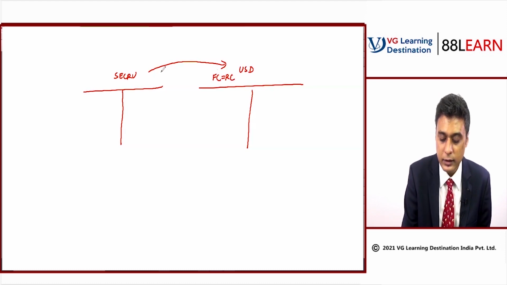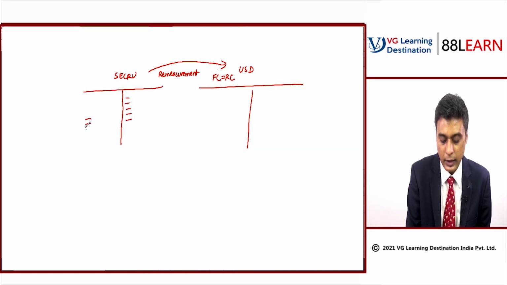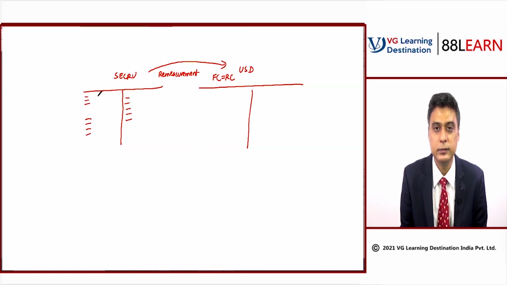Therefore, the method is going to be the remeasurement method. Therefore, when we convert these items, asset, liability and equity, we are going to follow the rules of remeasurement method.